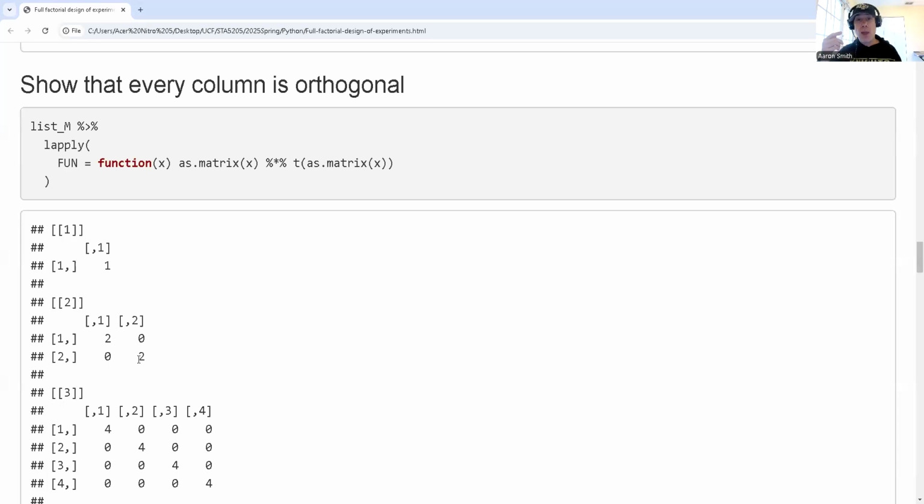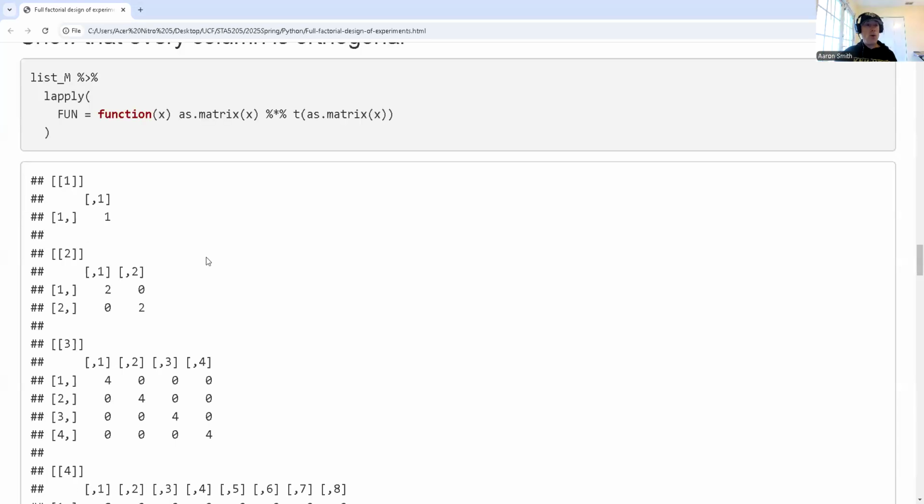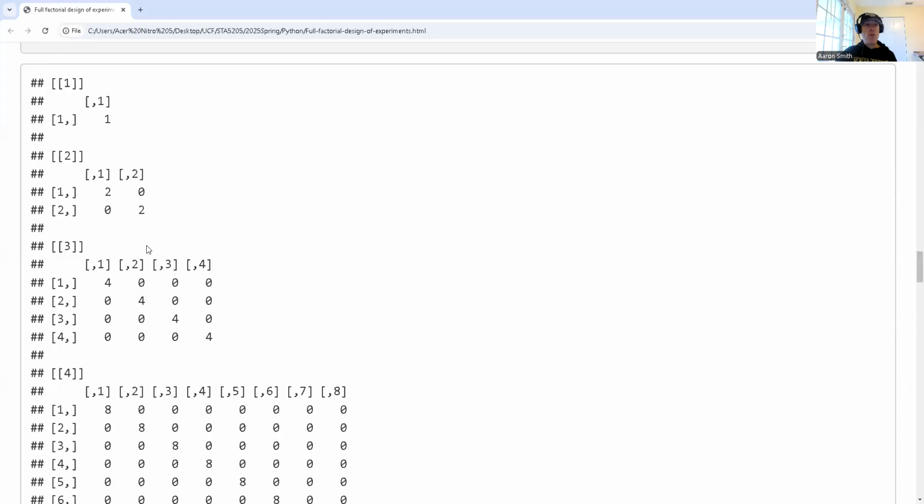Orthonormal would mean that I would get the identity matrix when I multiply by itself. All right, so I'm going to take my design matrix as a matrix instead of a data frame, and I'm going to multiply it by its transpose. And notice I get diagonal matrices every single time.